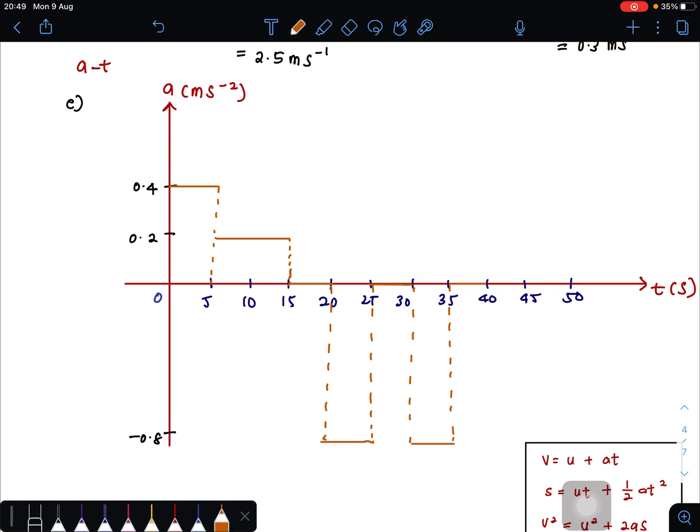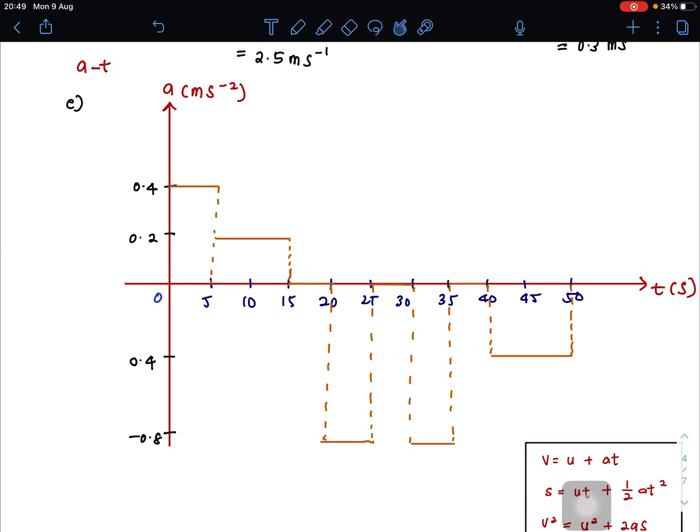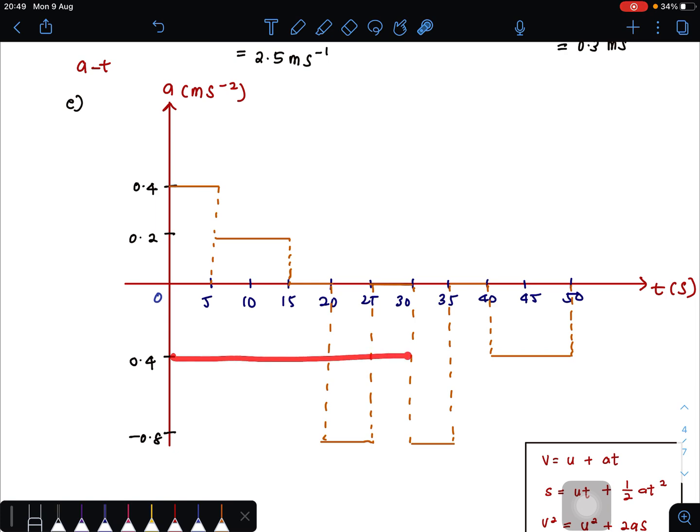And then from 40 to 50, acceleration is equal to negative 0.4. It's around here. Okay, you use your own ruler so that it looks a bit nicer. Okay, don't follow me, I just do it roughly.